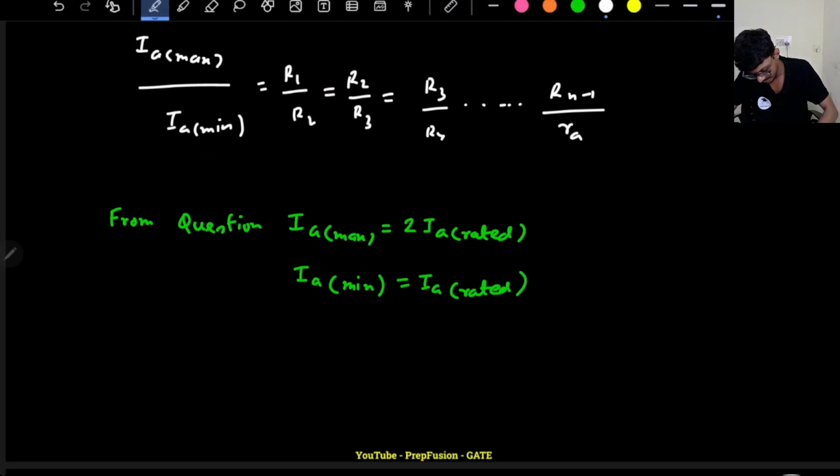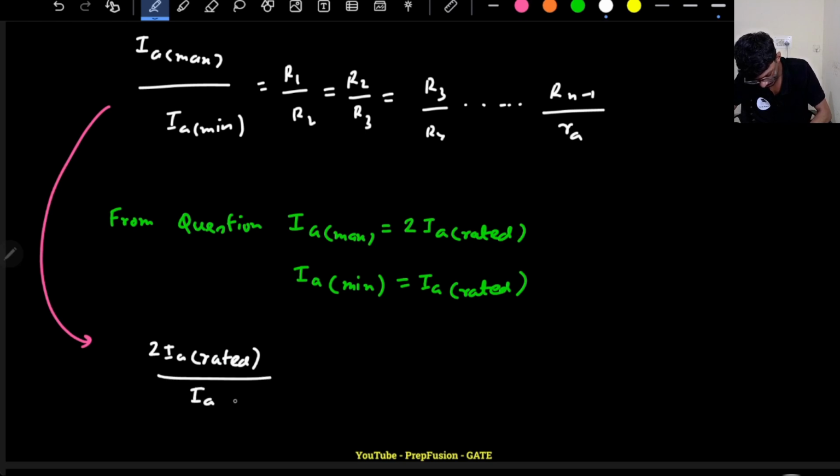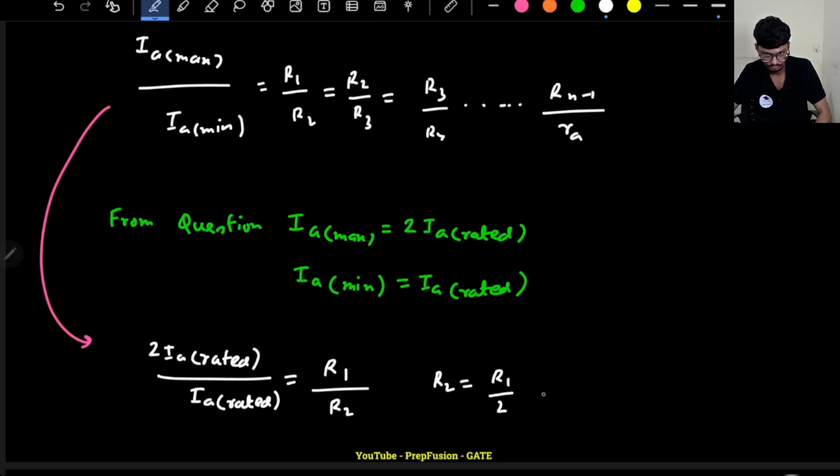So IA maximum upon IA minimum, it will be 2 IA rated upon IA rated equals R1 upon R2. So it is R1 upon R2, so R2 is R1 by 2 basically. So how much resistance do I need to remove? So previously all these resistances were there.